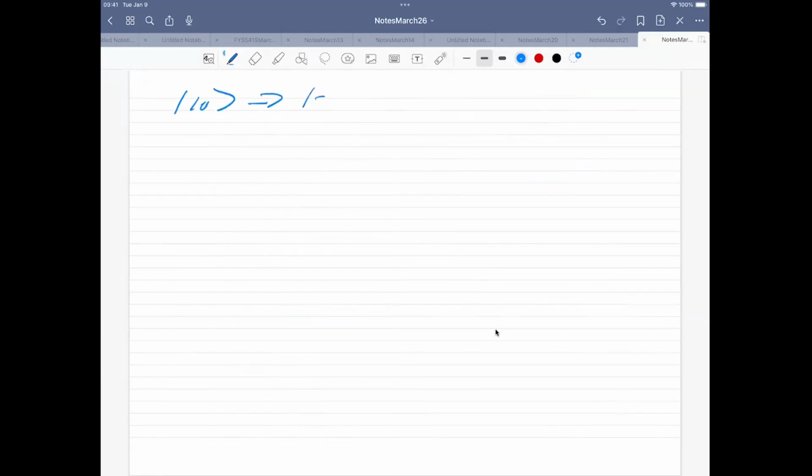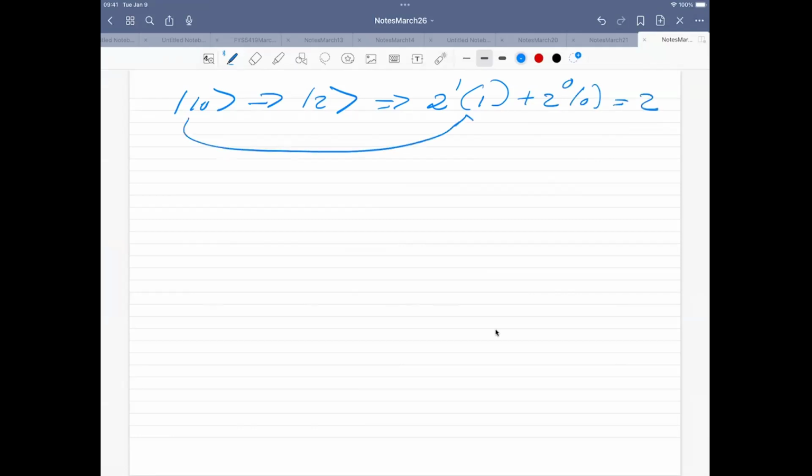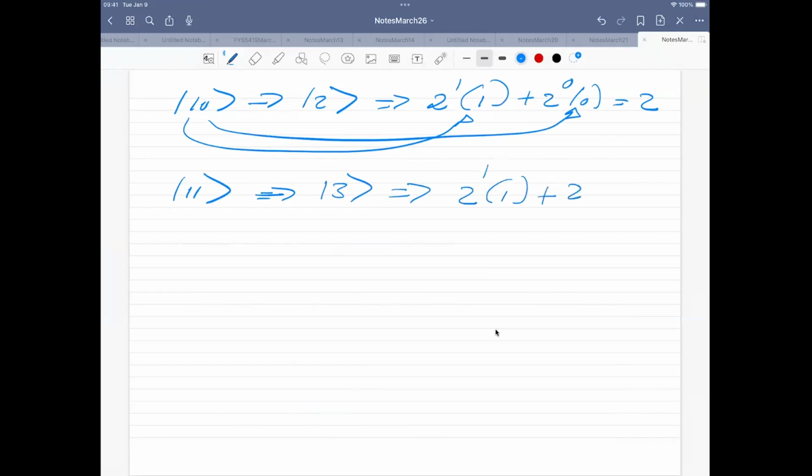When we want that one to be state 2 here, this means that we have 2 to the power of 1 multiplied with 1, plus 2 to the power of 0 multiplied with 0, and that's equal to 2. So in this case, I have that bit in here, and then I have this bit in here. And finally, we have 1, 1, and this is something we want to be state 3 in our hierarchy. And we see immediately that we have 2 to the power of 1 multiplied with 1, plus 2 to the power of 0 multiplied with 1, and that gives us 3.